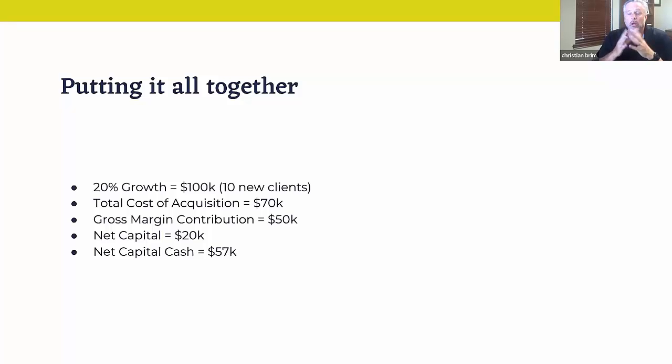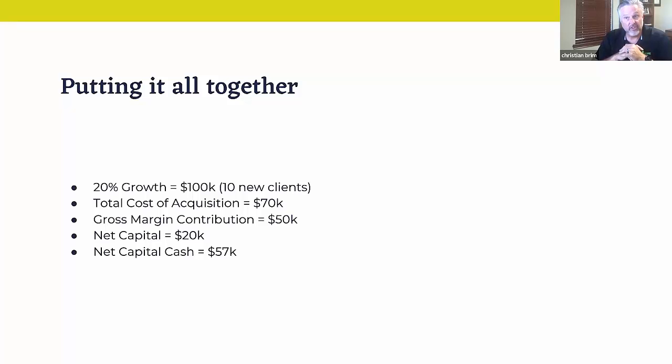20% would equal $100,000 in revenue, so 500,000 times 20%. And based upon our averages, that would equal 10 new clients. So the total cost of acquisition is just those 10 clients times the $7,000 that it takes us on average to bring a client in. So we look at the dollars that those clients are going to bring in of 100,000, and we say, what's our gross margin going to be?